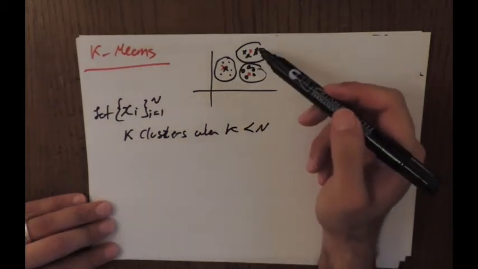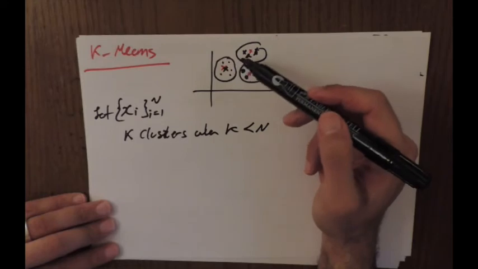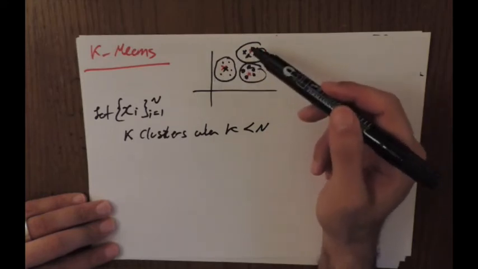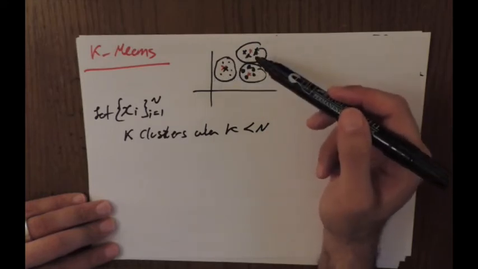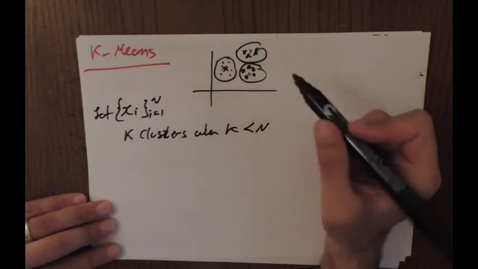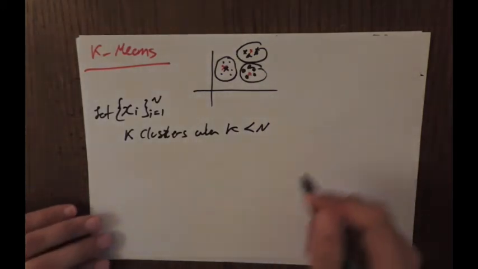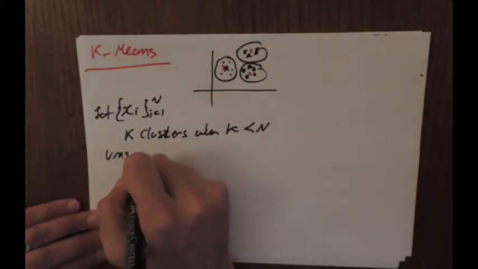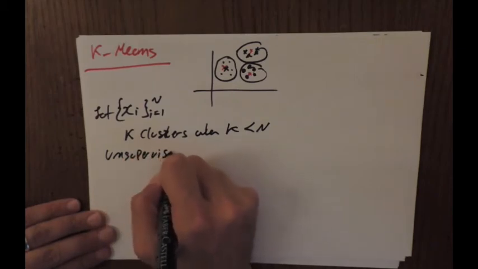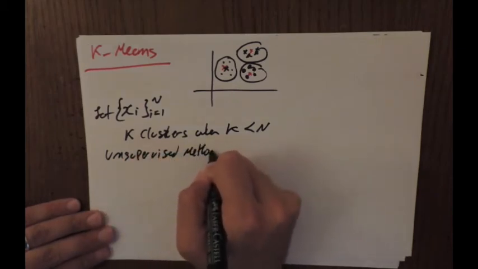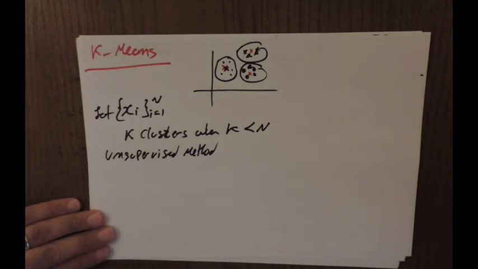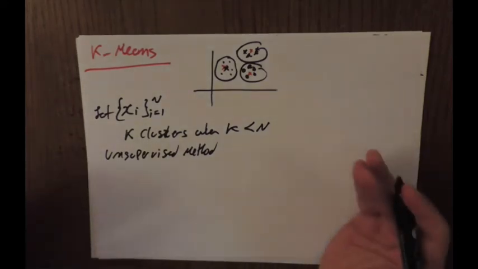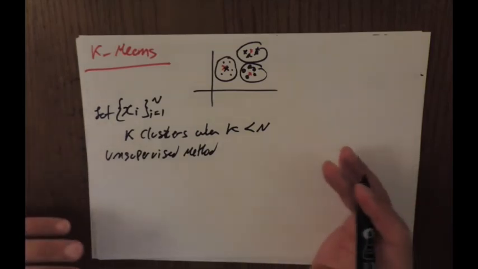If you take a look at this example, we have around, let's say, 15 points. Instead of having 15 points, we can represent them by 3 clusters. And remember, this is an unsupervised method, since we don't know the number of clusters, or we don't know which points belong to which cluster.